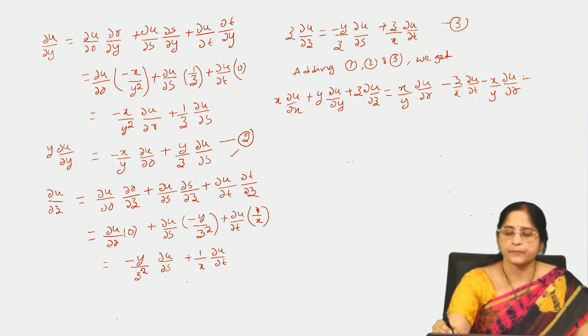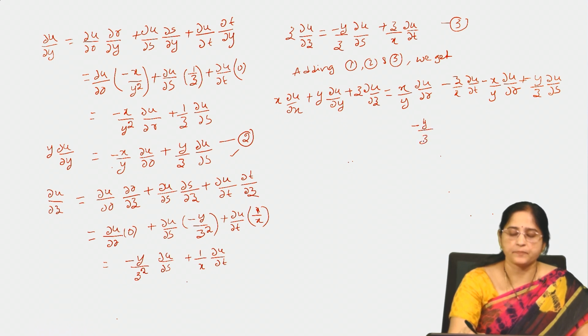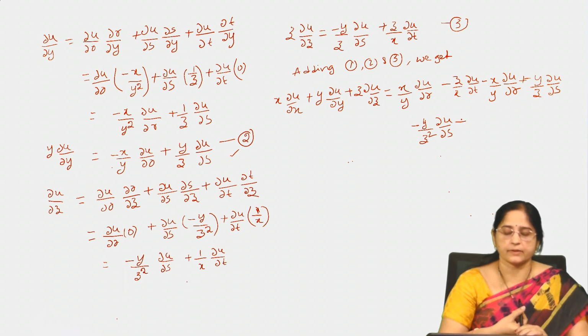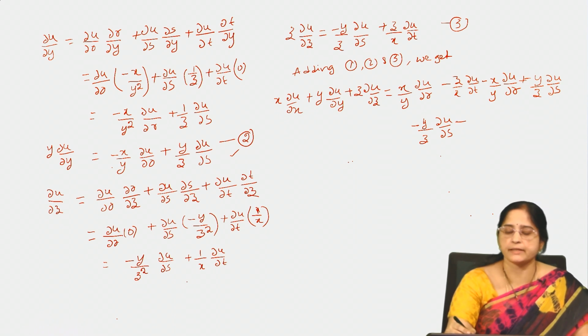plus y by z into dou u by dou s, minus y by z square into dou u by dou s plus, sorry, minus y by z into dou u by dou s plus z by x into dou u by dou t.